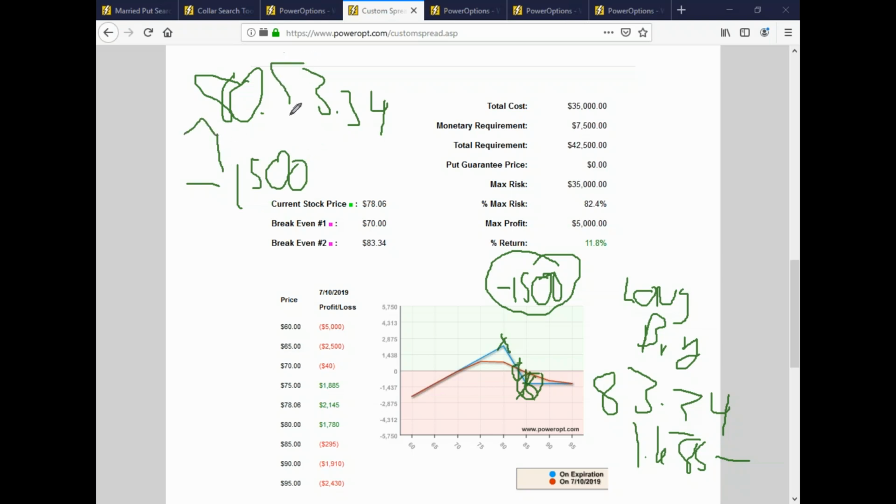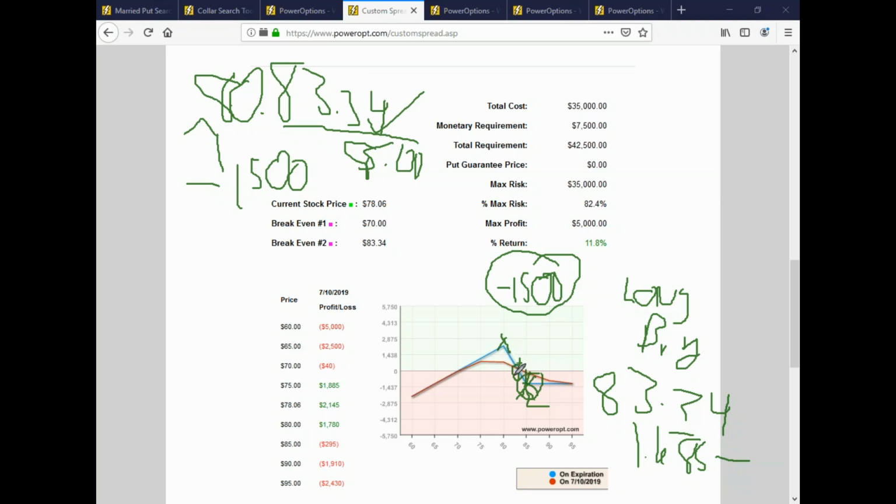Buying 1,500 shares at 83.34 to cover this obligation, you lose 334. If you exercise the 85s, which you couldn't even do if they were out of the money, but if you exercise the 85s, why would you pay $85 for stock that's trading at 83.34 at market?